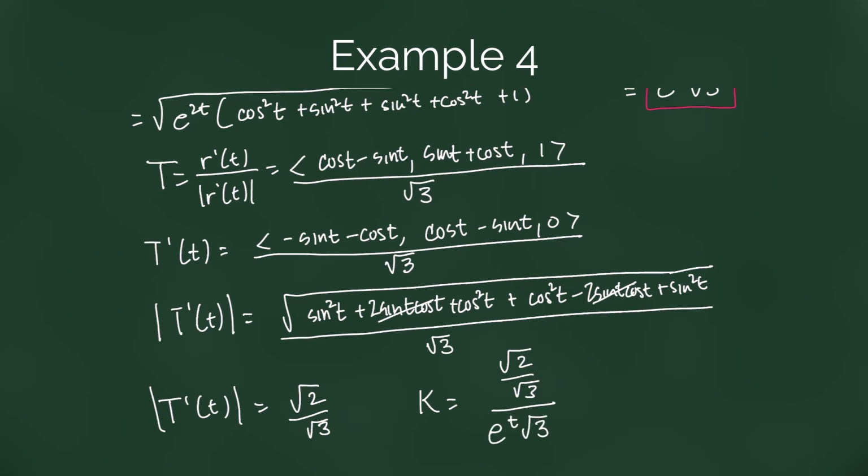So we get root 2 over root 3 times 1 over e to the t root 3, which simplifies to square root of 2 over 3 e to the t as a formula for our curvature.